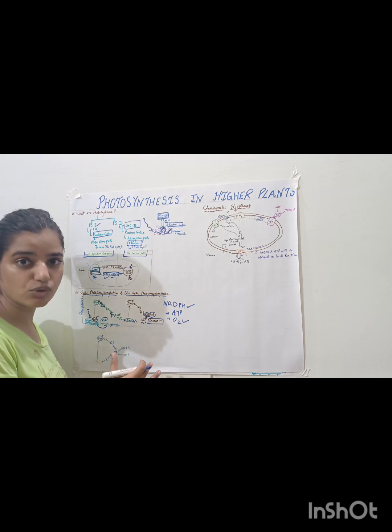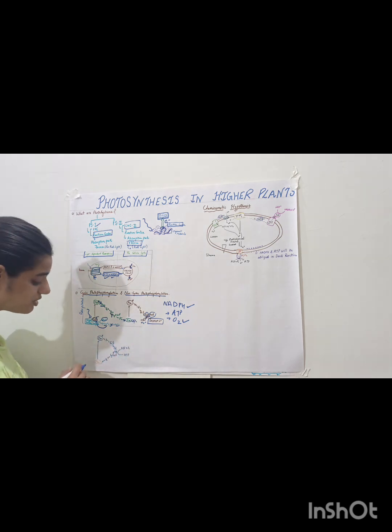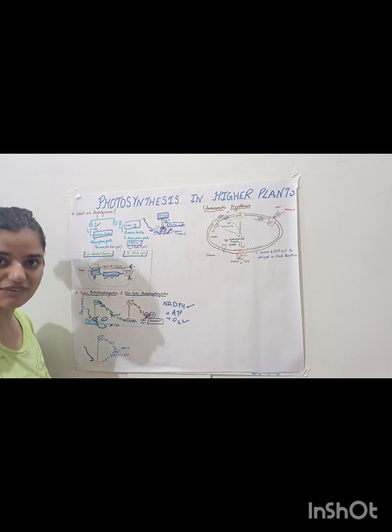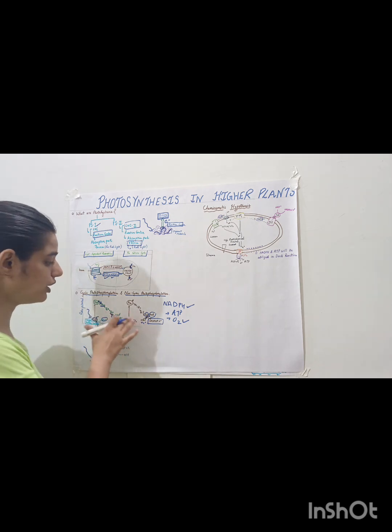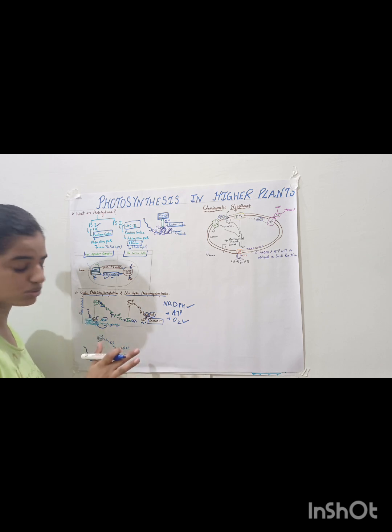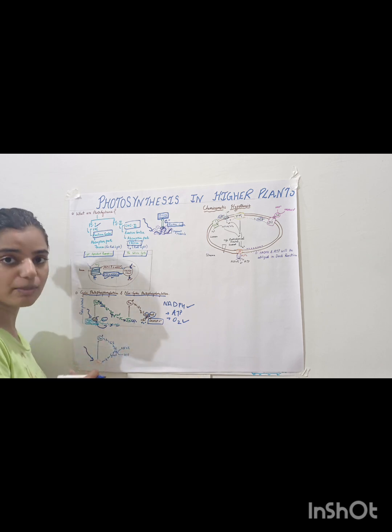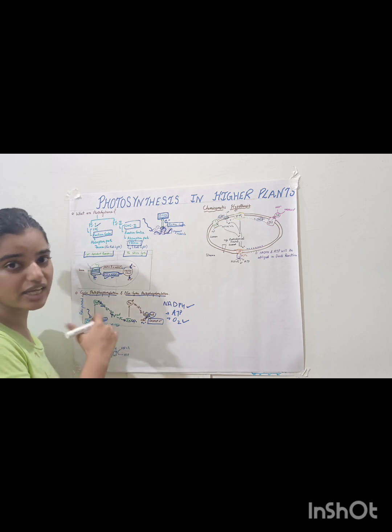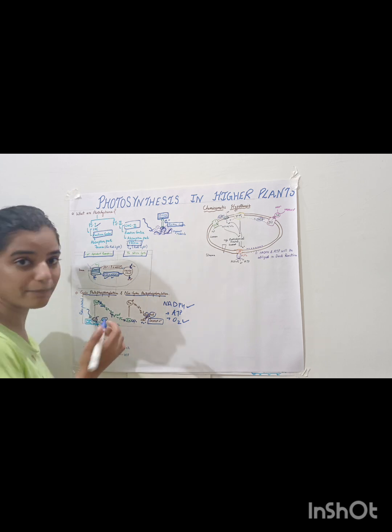In cyclic photophosphorylation, the process starts when light falls directly on the P700. Actually the light falls on both photosystems, P700 and P680. When the light falls on the P700, it gets excited and transfers its electron to the primary acceptor.